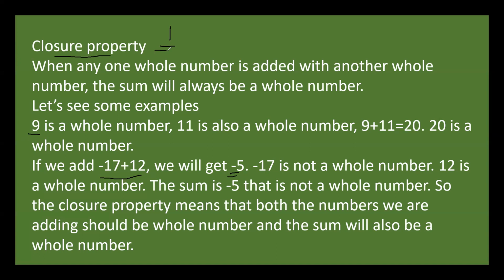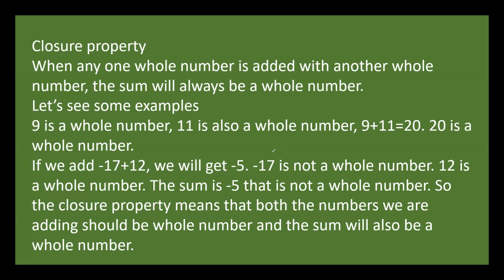That depends on the rules of integers. Integers have some rules. It never means that if there is one negative, the answer will also be negative. No, it doesn't depend on that. Closure property means all of them should be positive. All of them should be whole numbers. Got it?